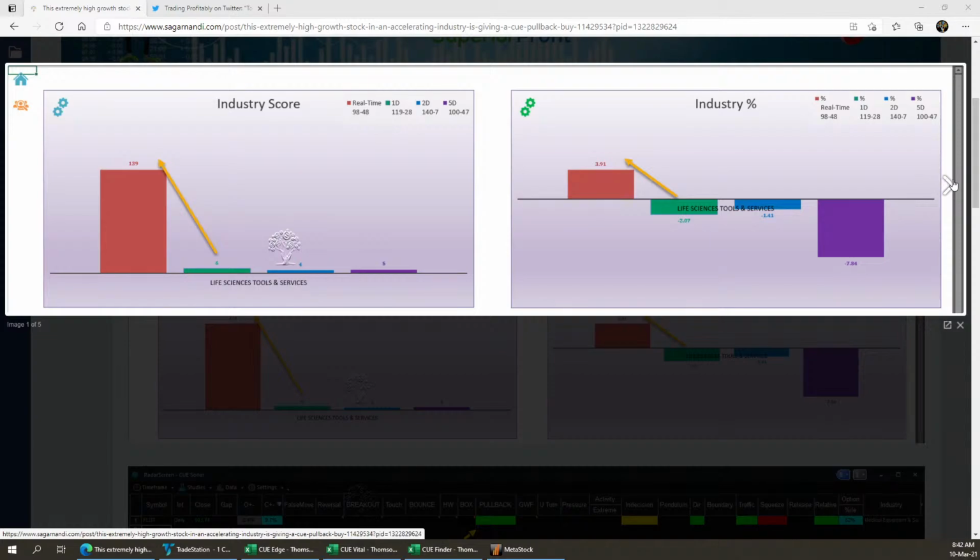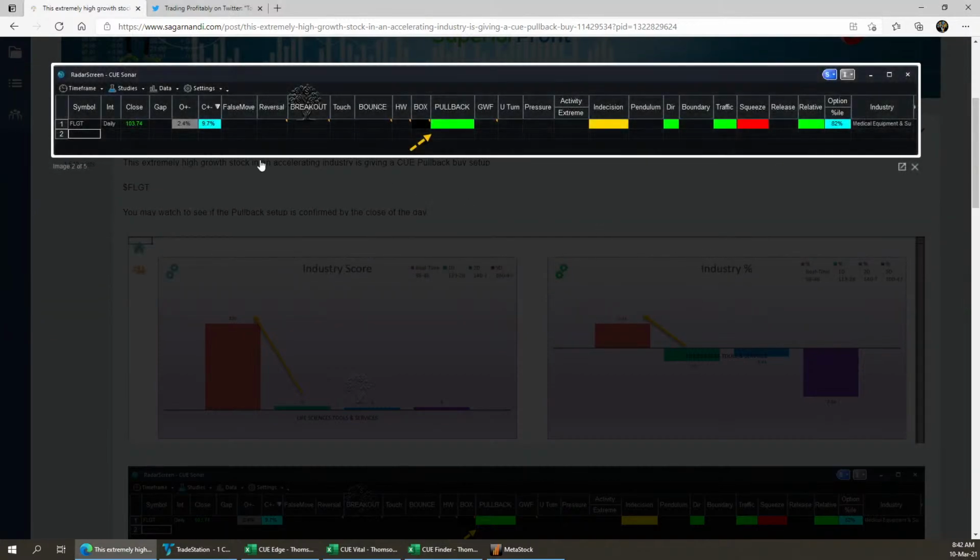And I could identify this strength in real time. I looked at several stocks in the industry at that time, and I saw in real time in the morning session Fulgent was giving a pullback setup. It was up by 9.7% at that time.